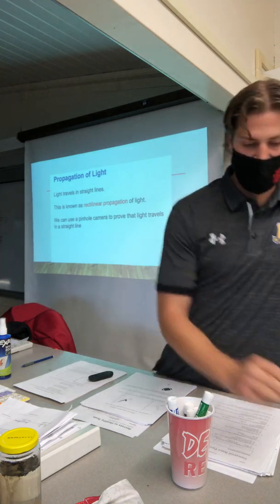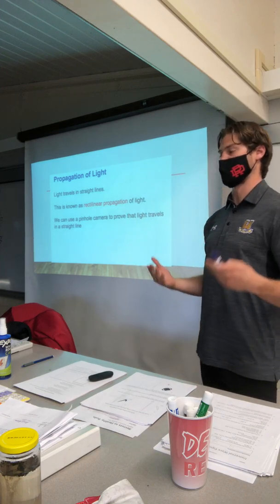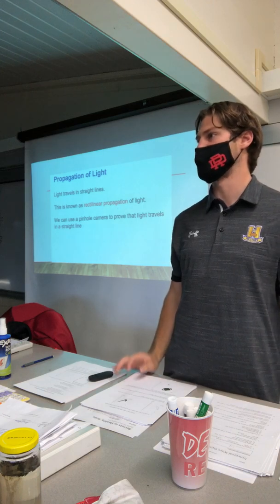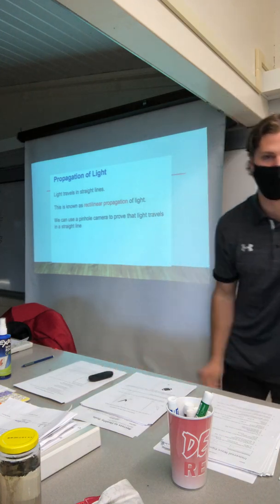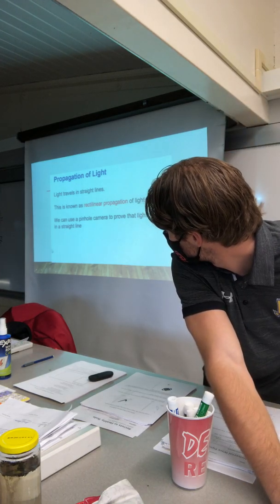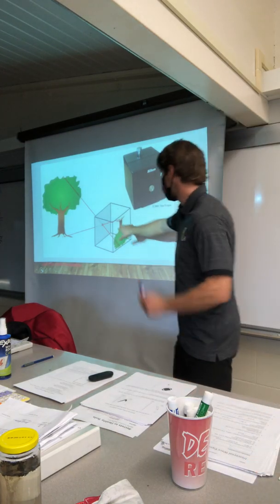How we know rectilinear propagation is a thing, or how we know that light moves in straight lines, is we can test it with something called a pinhole camera. Has anybody heard of that? No? Okay. Well, you're going to see one on the next slide. A pinhole camera looks just like this box here.